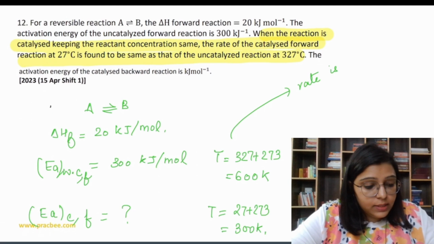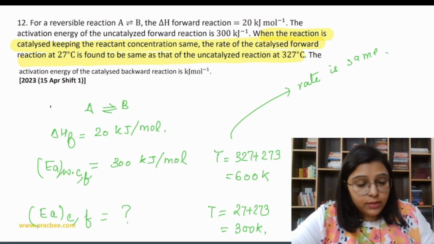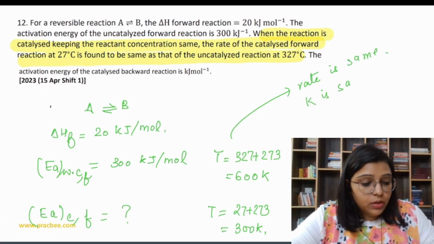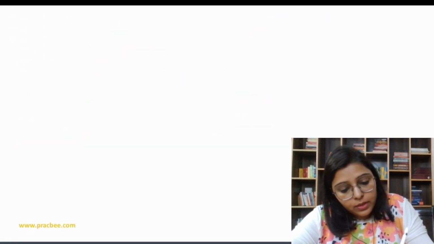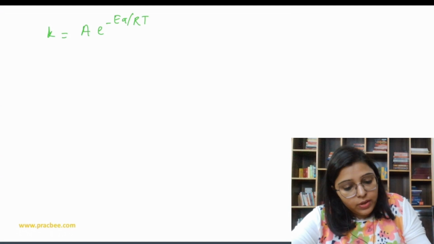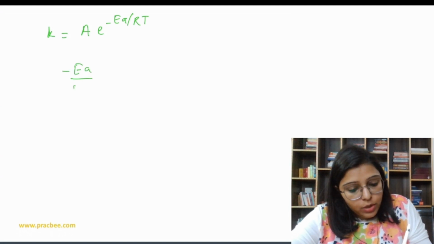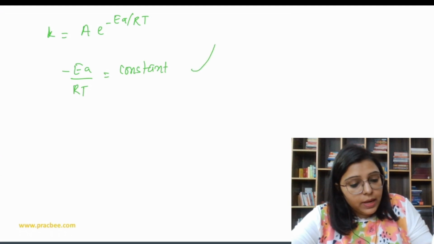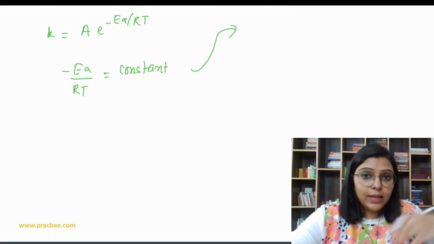So if rate is same, it means K is same. So we have this formula, K is equal to A e to the power minus EA over RT. So minus EA upon RT is equal to constant. So we can apply this formula for catalyzed and uncatalyzed reaction.